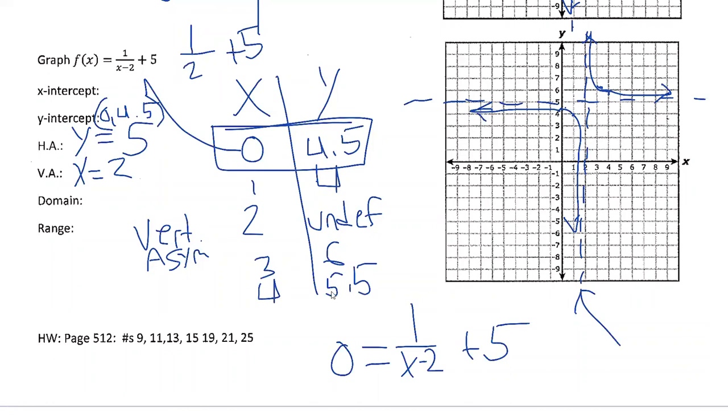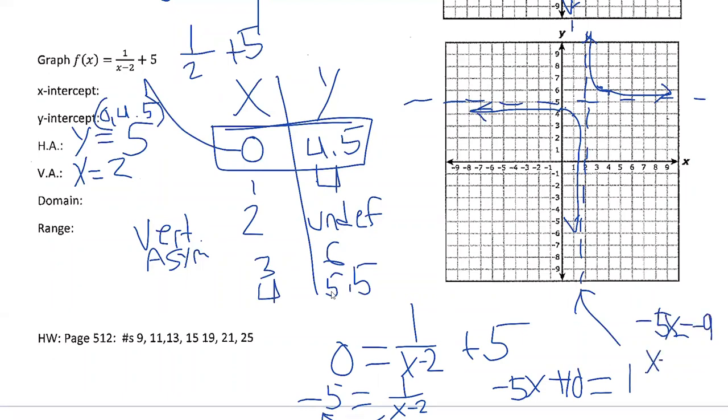Here, we'll do it. If you're writing this, you don't have to write this down. I'm just going to do this quick. You can multiply the x minus 2 over. So you have to distribute. So you get negative 5x plus 10 equals 1. If you subtract that, you would get 9 over 5.